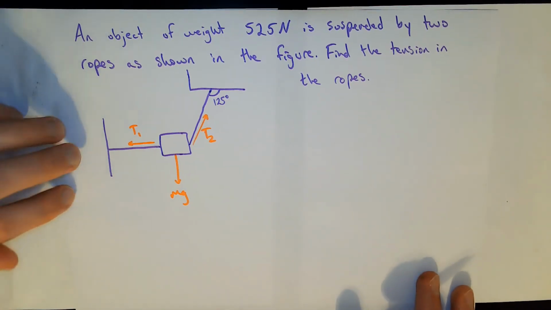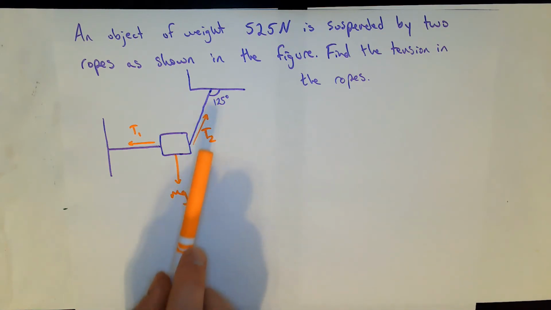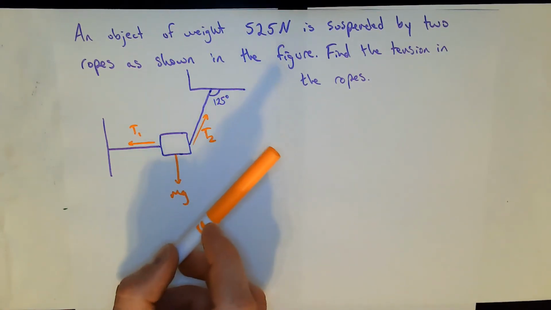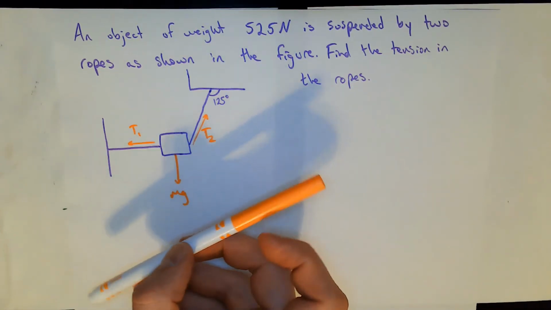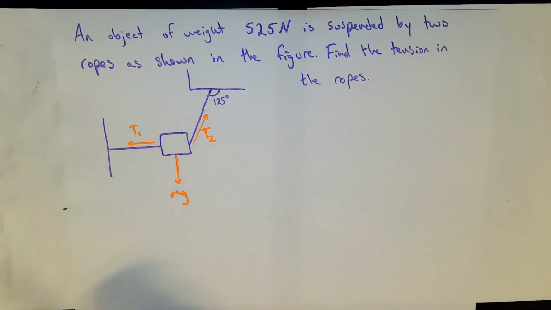Notice T2 is really doing most of the work to hold this thing up, because T1 does not have any vertical component, it's just horizontal. That means when I decompose T2 into a vertical and horizontal piece, the vertical piece of T2 is the only thing keeping this object from falling, really.